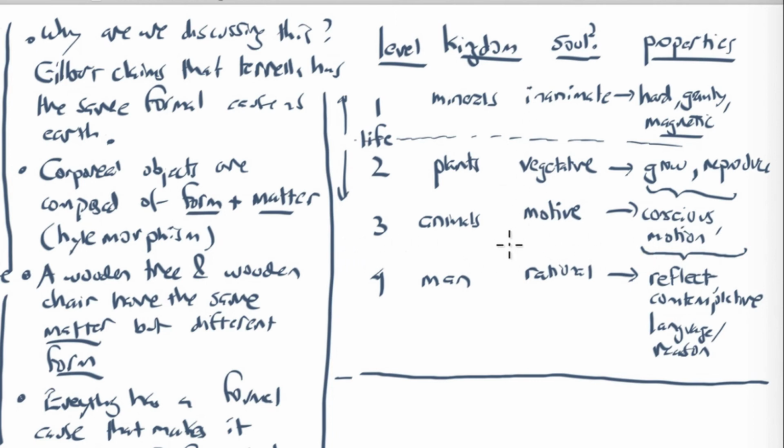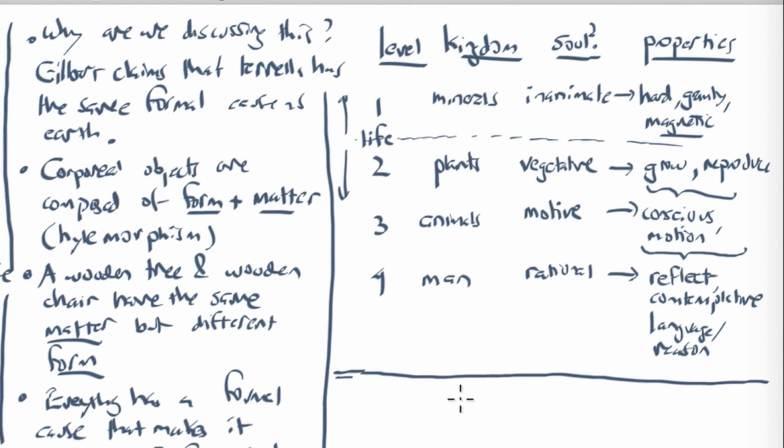Everything else down here doesn't have a soul. And even then in the 1900s, we get to a point where people question whether even man has a soul. And it's because they're rejecting formal causes. They're saying there's no such thing as formal causes. Rational soul is a formal cause, motive soul, vegetative soul, those are formal causes. So Descartes and others then start rejecting the whole idea of formal causes in favor of strictly material and efficient causes. So this is a lightning introduction to the Aristotelian four causes.